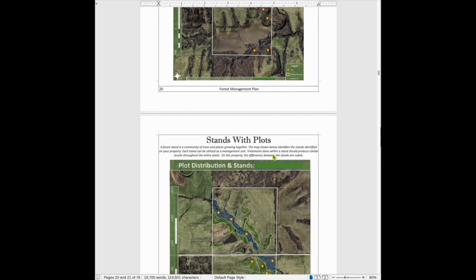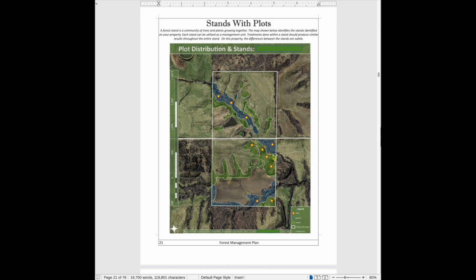And so what I do is I lump them based on their soils and their ecosystem. So all these blue areas are the flat bottomland, and they're all pretty much the same as far as the tree species. And so I was able to lump them. The big variation is it's old field. All of this was farmed, and it was piecemeal, slowly over time, allowed to reforest.